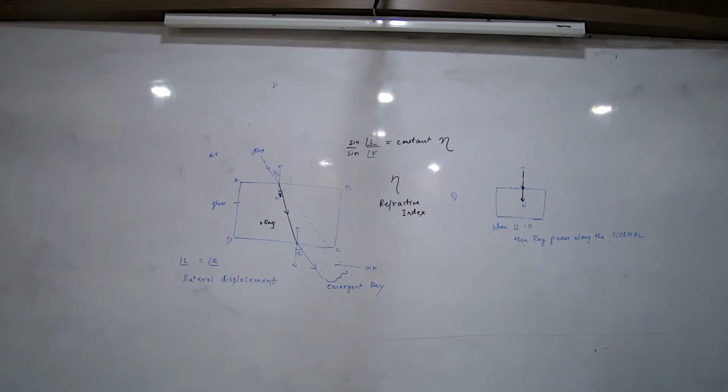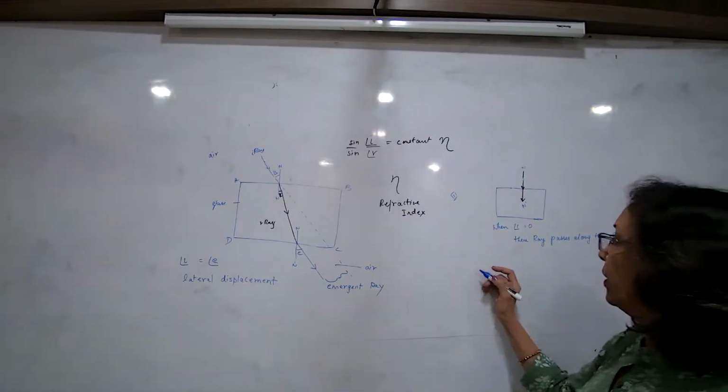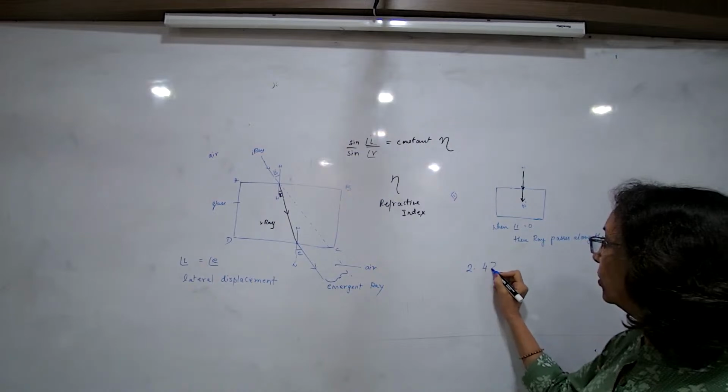Which has the maximum refractive index? Look below that. Ground glass, and after that Canada balsam and rock salt, etc. Then finally you find diamond. How much is it for diamond? It is 2.42.